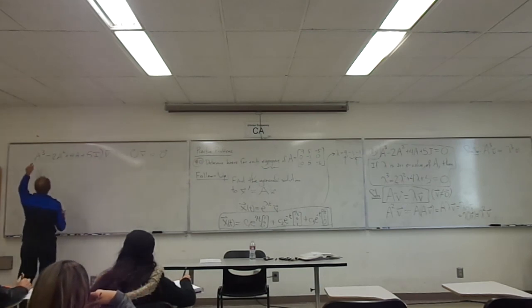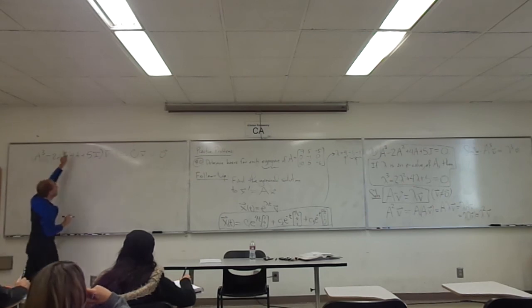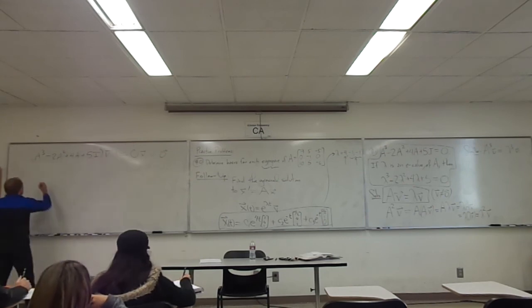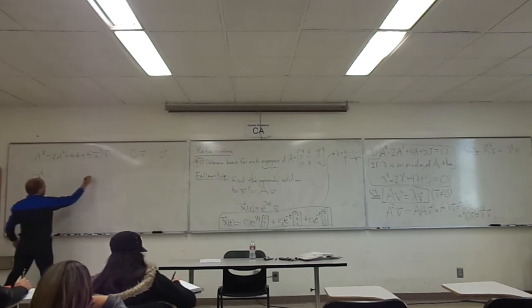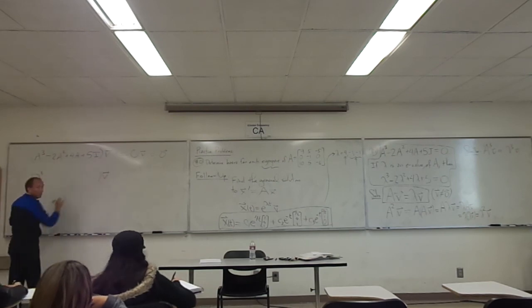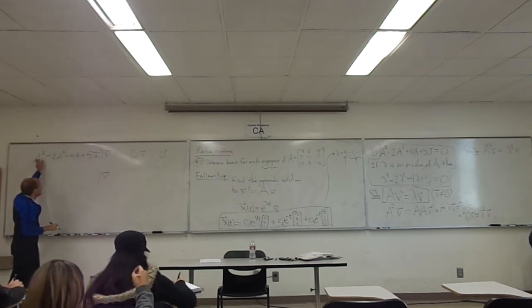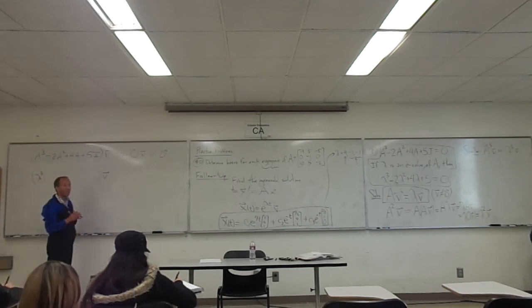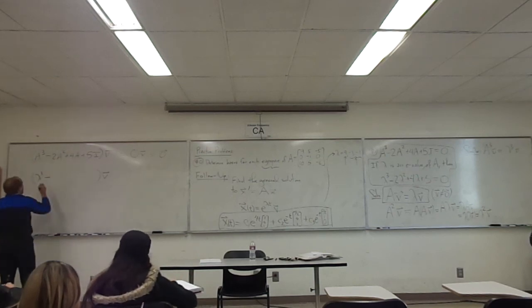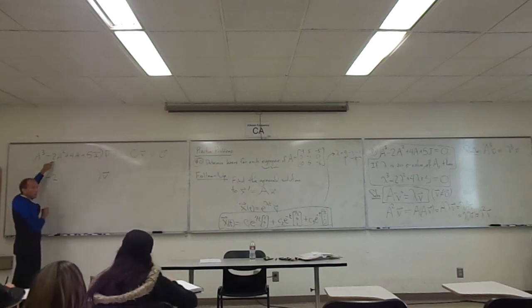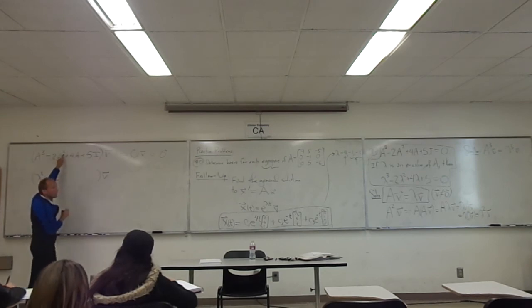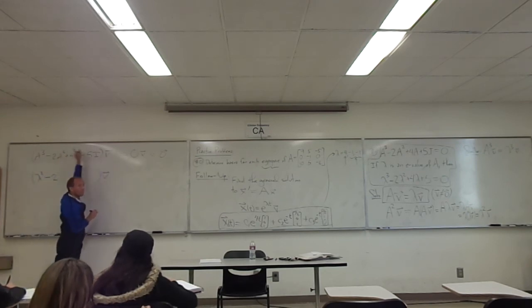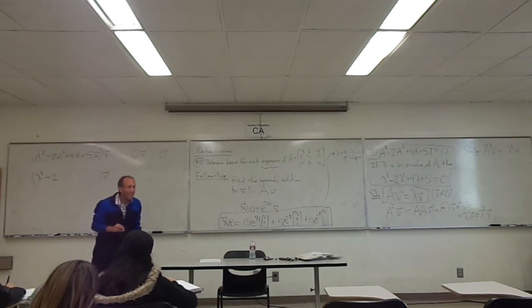On the other hand, what do we really have here? We have A cubed times V. Well, that turned out to be lambda cubed times V, right? So I'm just replacing A cubed V with lambda cubed V. Agreed? Then what do I have? I have minus, here's a 2, and then I have A squared applied to V. What was A squared applied to V equal to?